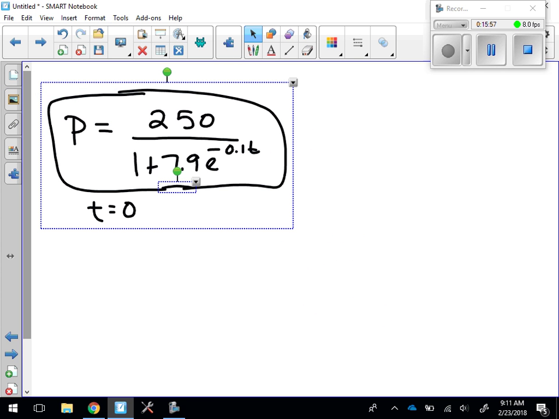I'm going to put my equation back up here. We want to think about the fact that I can't have part of a gorilla. Either I have a whole gorilla or I have no gorilla.